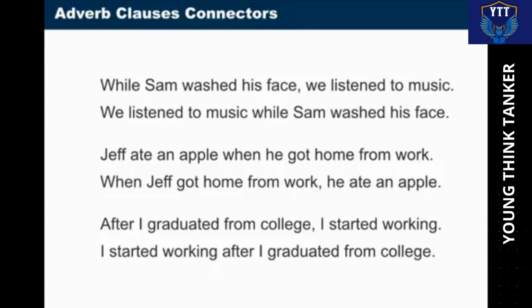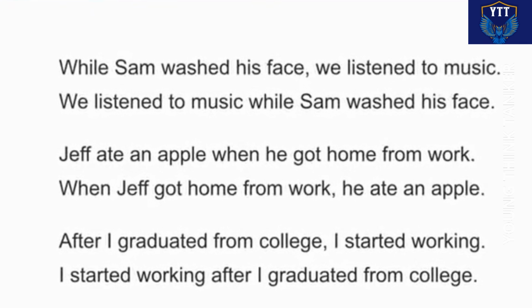Let's look at those sentences again. Now we said that each adverb clause can be written two different ways. If you look at the first pair of sentences, while Sam washed his face, do you recognize that? You should know now that that's a dependent clause because of the adverb clause connector while. And the other part of our sentence, we listened to music, is the independent clause.